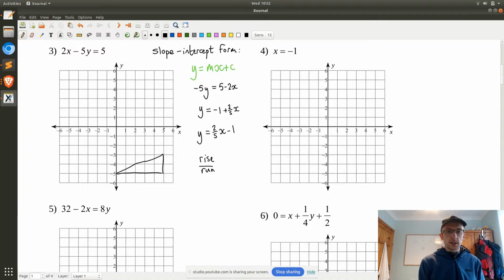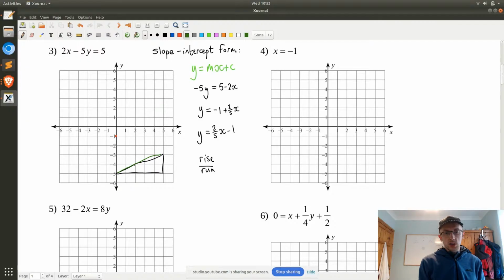Now, to actually draw the line itself. Well, it passes through -1. That's the y-intercept. So we're going to put a little dot there where -1 is. But where else should it go through? Well, the beauty of me doing this little triangle here is that you can kind of use it.